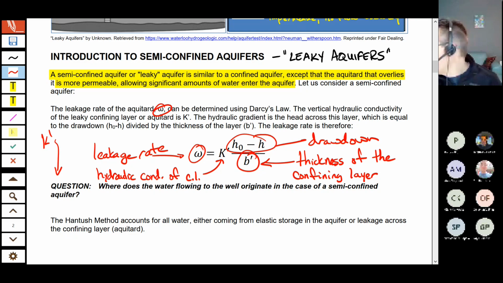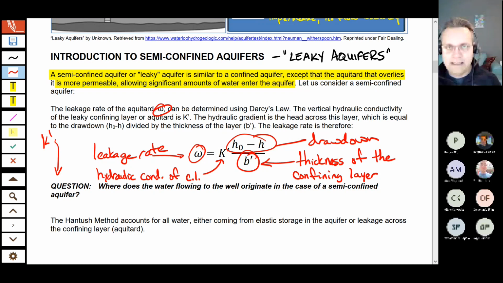Question, and this is a question right from the Fetter text that he poses to his students as well. Where does the water flowing to the well originate from in the case of a semi-confined aquifer? And the hint for this is it's actually the same as that for a confined aquifer. Where does the water flowing to the well originate from in the case of a semi-confined aquifer?